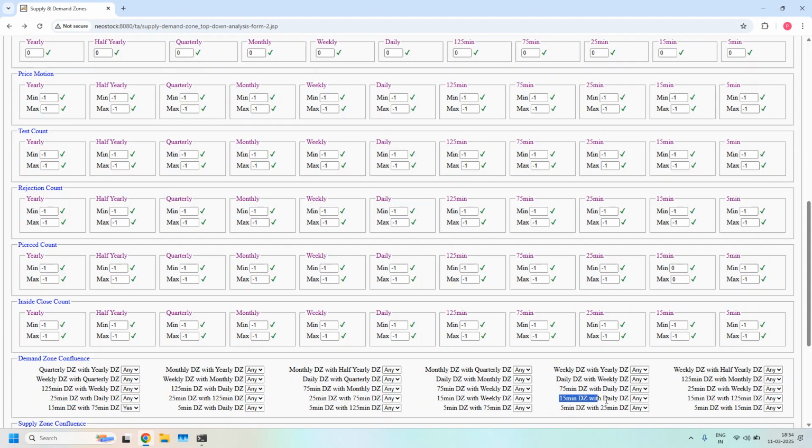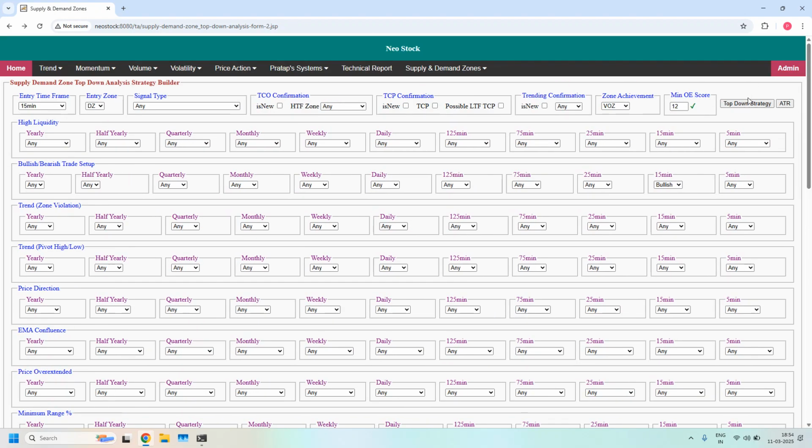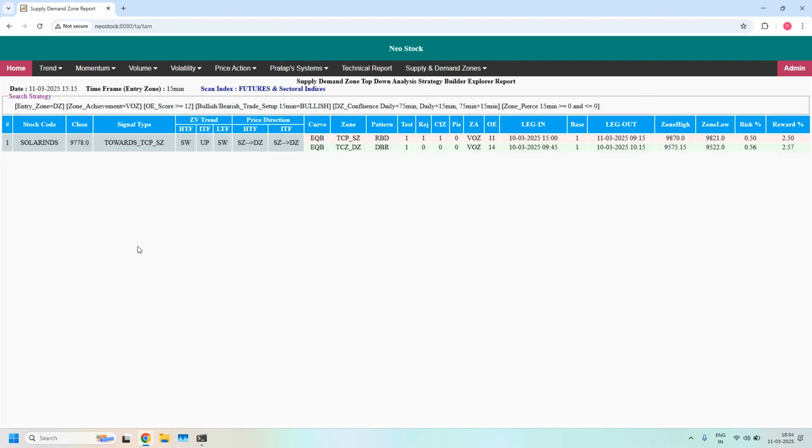Second filter, 15 minutes demand zone with daily demand zone confluence. 75 minutes demand zone with daily demand zone confluence. With all the three filters, we got one stock. In this stock, this 15 minutes demand zone is overlapped with 75 minutes demand zone. Both together overlapped with daily demand zone.